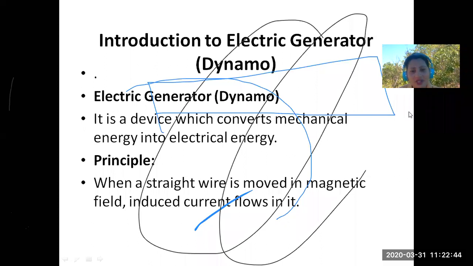But if you have a generator at home, how do you provide mechanical energy? Diesel. Very good. Petrol. Yes, fuel, diesel or petrol. All of them are correct answers.